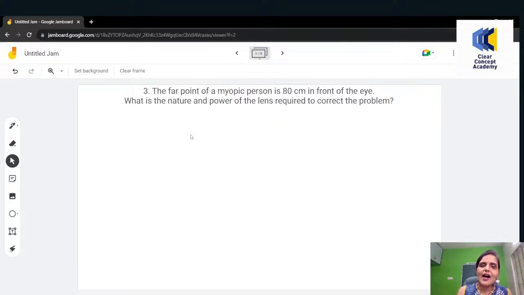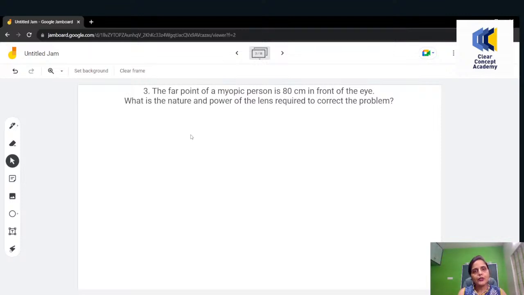The far point of a myopic person is 80 centimeter in front of the eye. What is the nature and power of the lens required to correct the problem? You must be familiar with the far point and near point of a healthy eye.